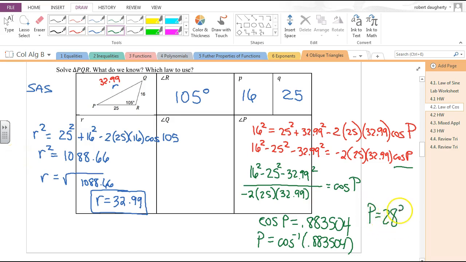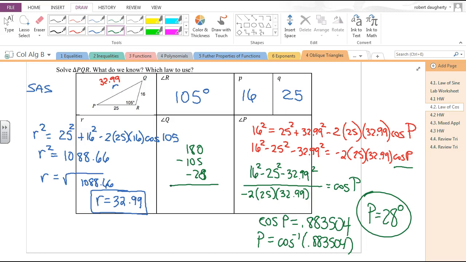So P is 28 degrees, okay? Now to the very easy part, how do I find Q? Yeah, so it's 180 minus 105 minus 28, and what is that?